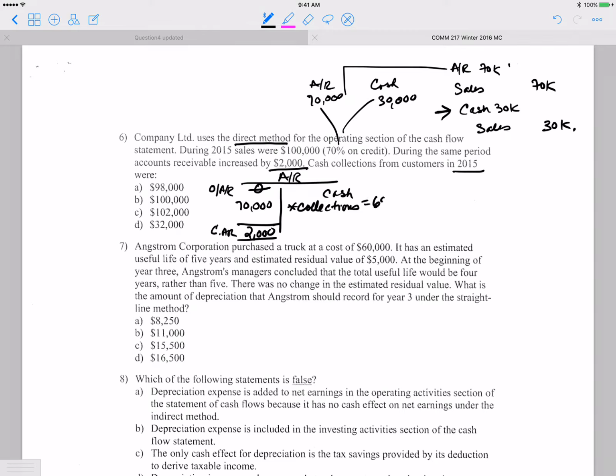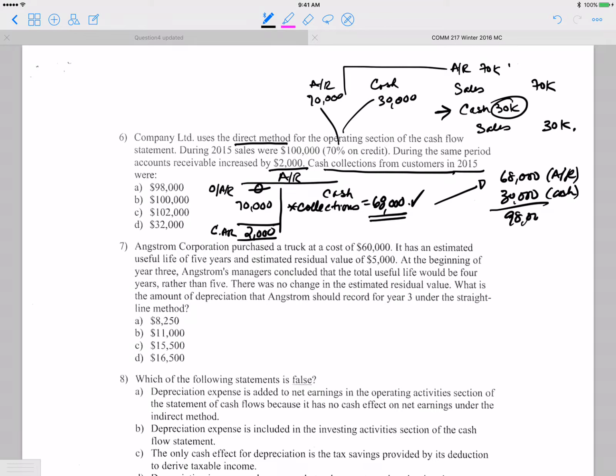Therefore, this is equal to $68,000. Cash collections from customers comes from AR and your cash sales of 30. So the correct answer is 68,000, which is your cash collections from the AR, and your $30,000 in cash sales, for a total of $98,000. So the correct answer is A.